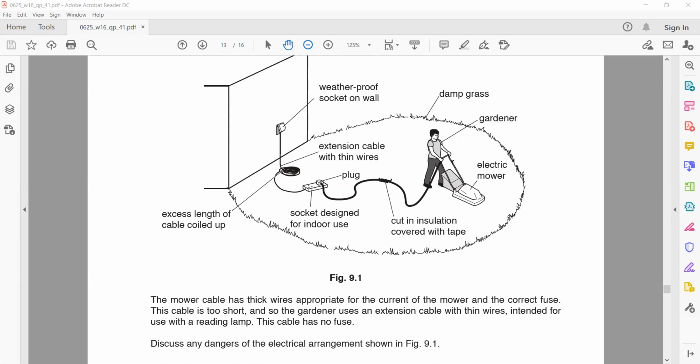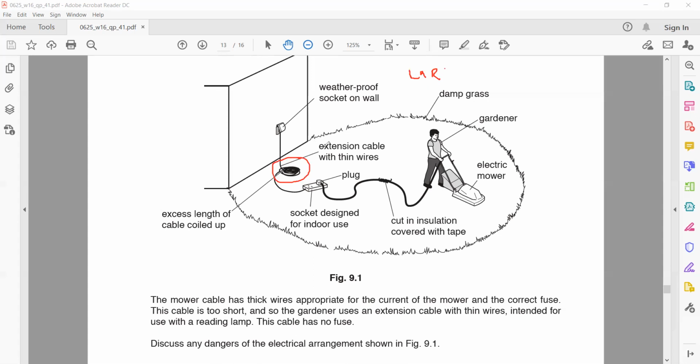It might be electric shock, or it might produce overheating because the extension cables are too long. Yes, that's right. Electric shock if there is a cut in the insulation, or it is exposed to or placed in damp conditions. Basically, these extension cables are too long. When you're using a long wire, as you know, the greater the length of wire, the greater the resistance.